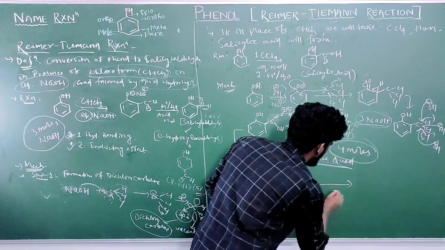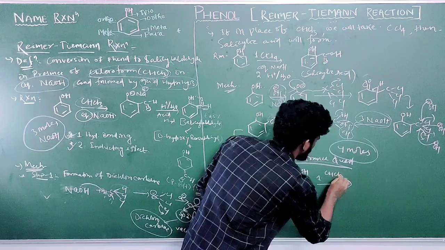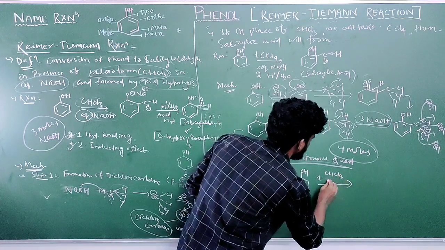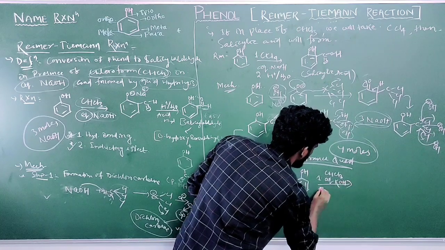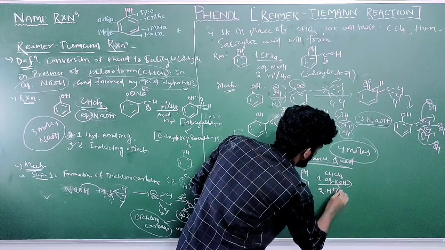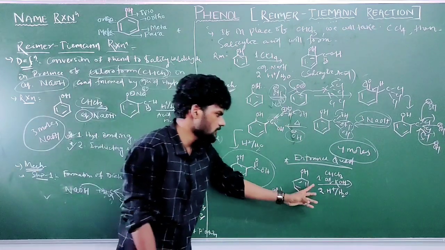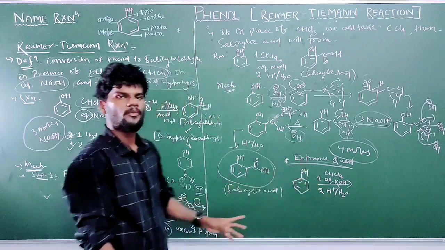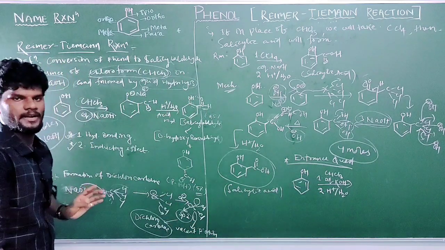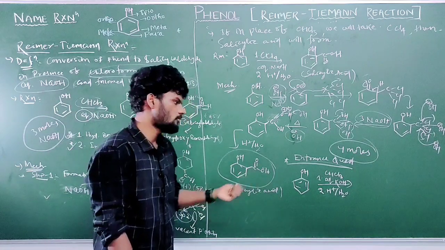If it is given in the first step chloroform, CHCl3, and aqueous KOH, and in the second step H plus and water, then what is the product? By looking at this you can understand that these reagents are used for the Reimer-Tiemann reaction. So you confirm there will be an aldehyde group attached at some position.